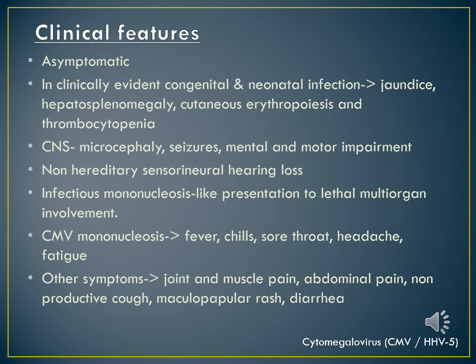Among immunocompetent individuals, it exhibits as an infectious mononucleosis-like presentation to lethal multi-organ involvement. CMV mononucleosis manifests as fever, chills, sore throat, headache, and fatigue. Other symptoms of CMV infection include joint and muscle pain, abdominal pain, non-productive cough, maculopapular rash, and diarrhea.